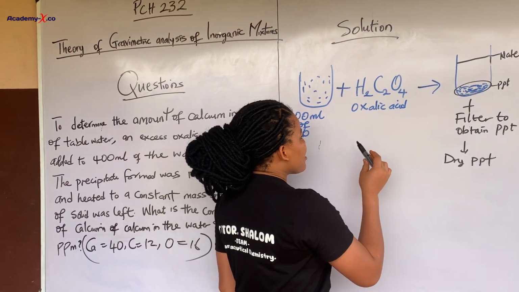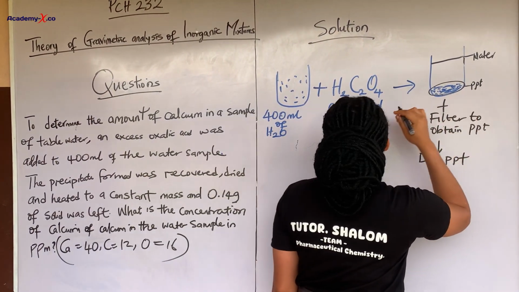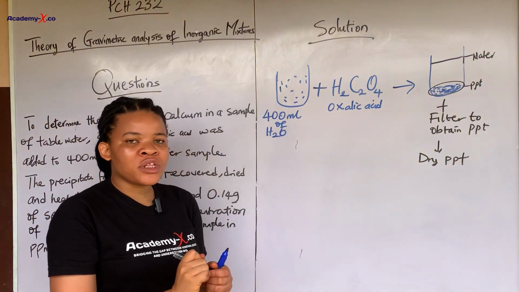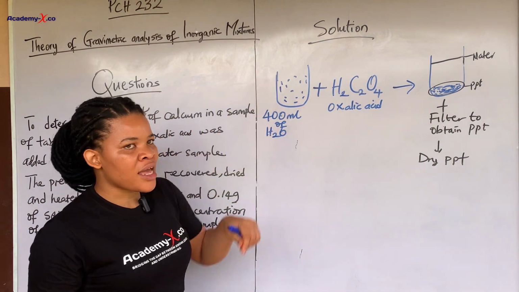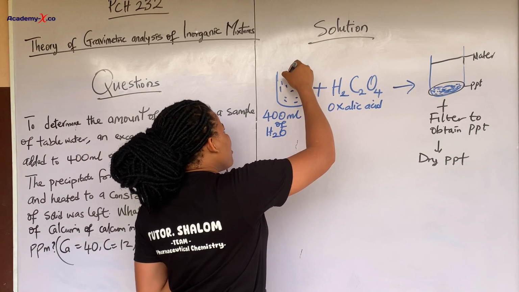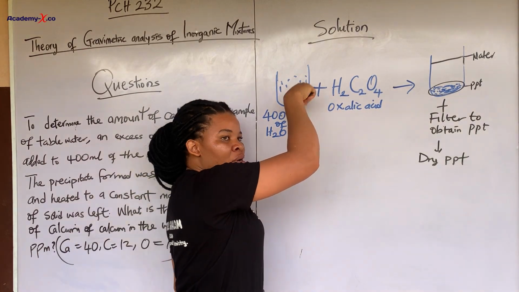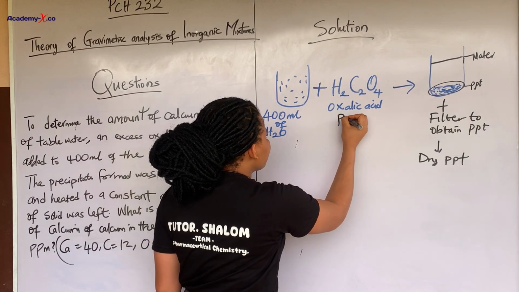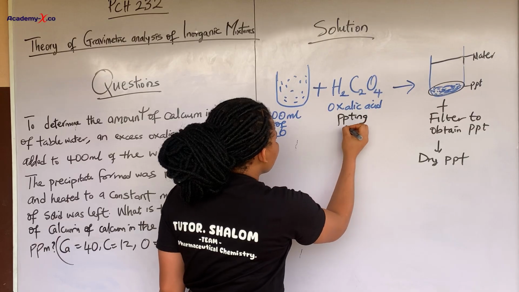It's because what is formed here is because we are reacting oxalic acid with water, and we are trying to determine the calcium content of this water. That means the interest is that we want to know the amount of calcium in this place. And now we are using oxalic acid as our precipitating agent.